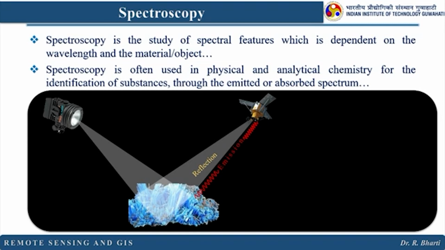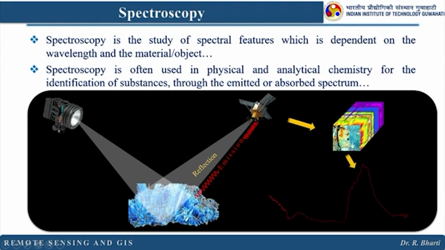In both cases we measure reflected or emitted energy from this sensor, and then subsequently we produce images, right. In remote sensing we basically produce images, and then for each individual pixel we derive the spectral signature, because we have contiguous spectral information about that target in narrow channels or bands.